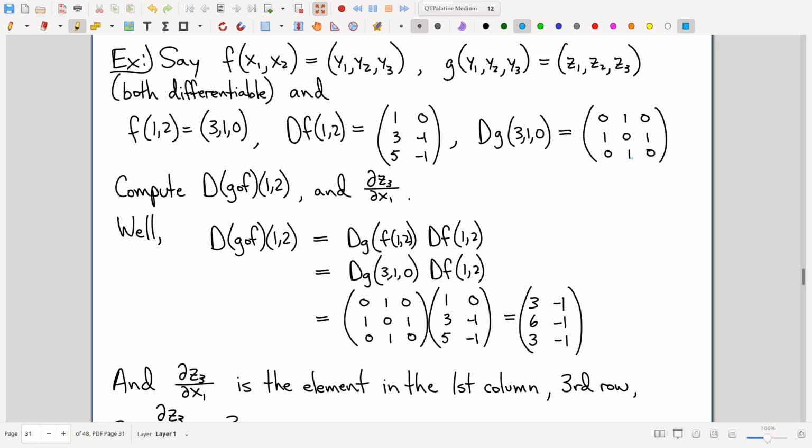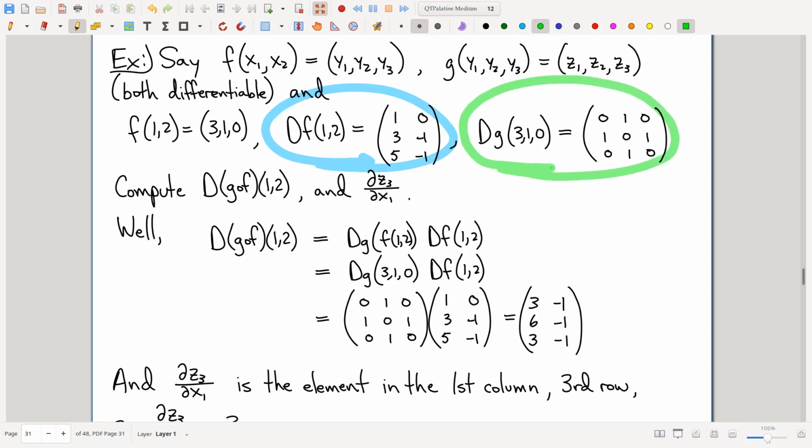Look what I did here. Sneaky me. I gave you df and dg, but I wrote the dg on the right in the statement of the question, but it ends up on the left in the algebra. And I wrote df on the left in the statement of the question, but it ends up on the right in the algebra.